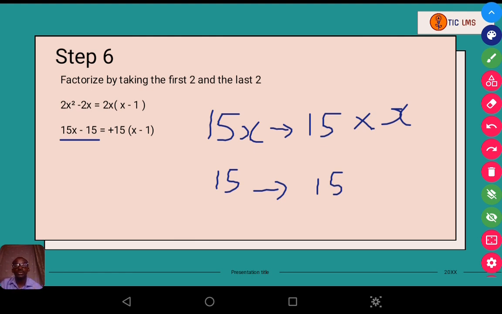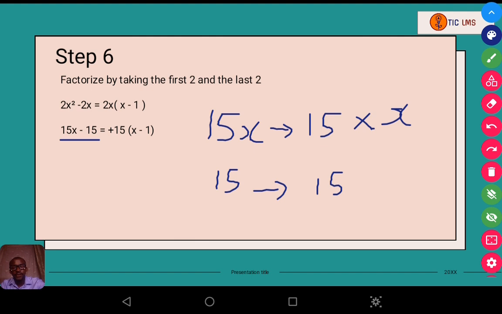Now, you could decide to break 15 apart into 3 times 5. But mere looking at what you have, like 15x and then you have 15, you'll find out that 15 is actually common already to the two of them. So you don't need to break it apart. We're going to have other examples where we'll have to break some apart. But in this case, this is the approach that we use.